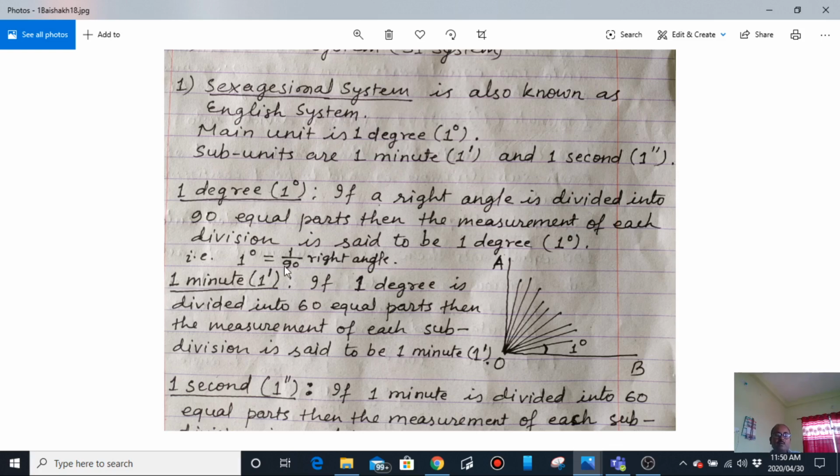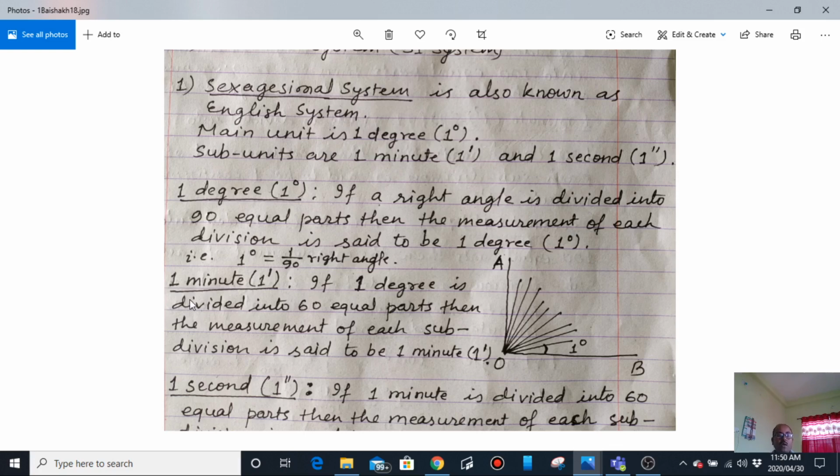That means the right angle is divided into 90 equal pieces, so one piece is 1 degree. In the right angle, how many pieces are there? 90 pieces. So a right angle is also called an angle of 90 degrees.